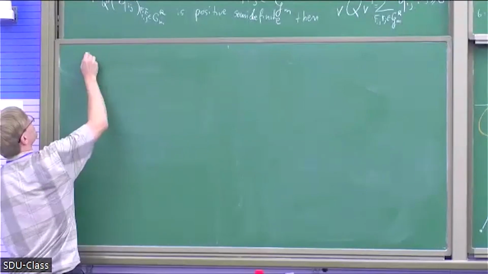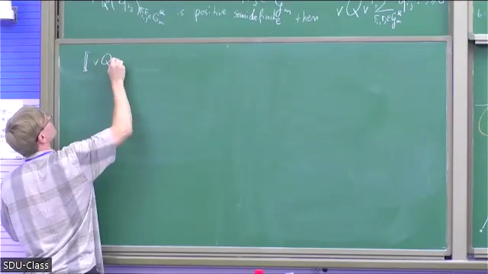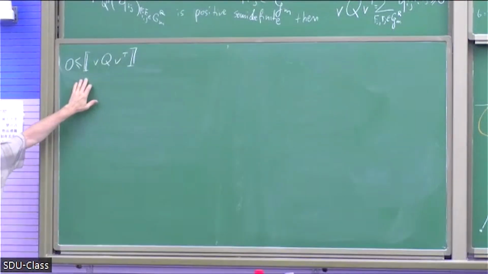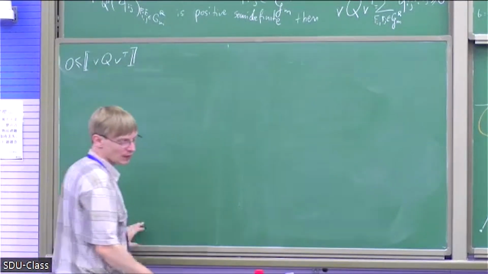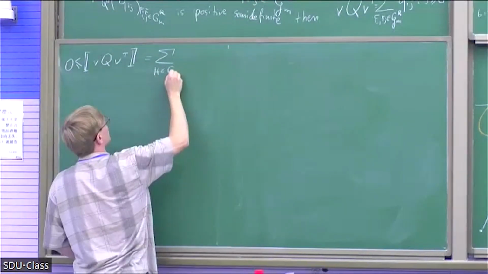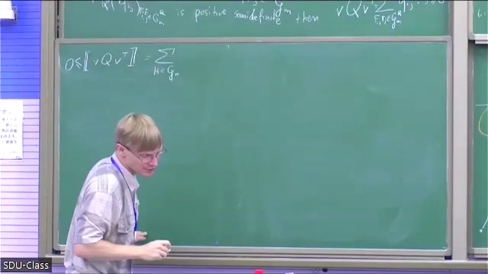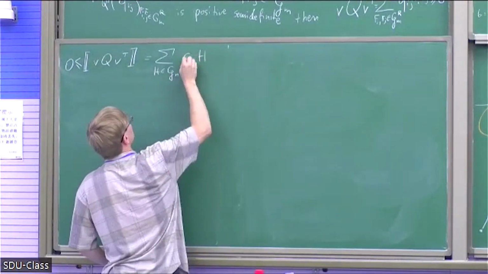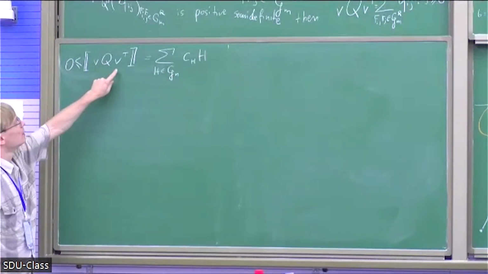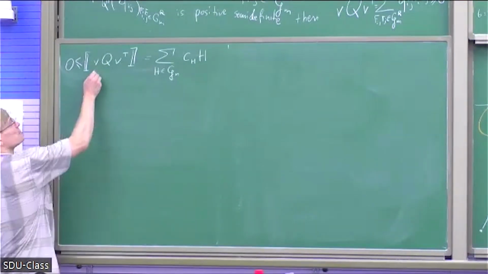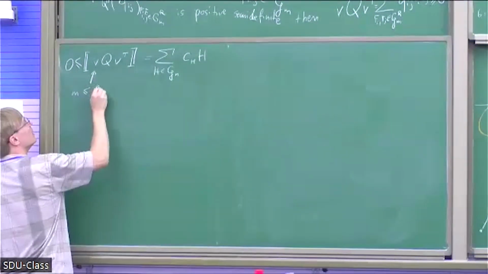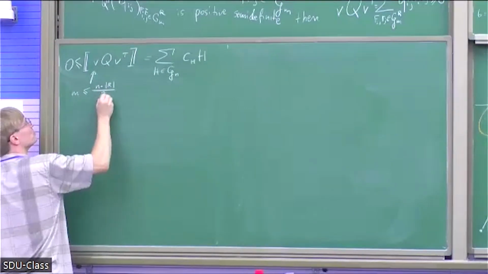Okay, so what I do, I average. We know that this is at least 0, so I can average it. This is exactly what I was doing there. And I can express this as a sum over all graphs on n vertices with some coefficient, which we call C_H. Now, what's the size here? Those vectors were of size m, which I took at most n plus size of my root over 2.